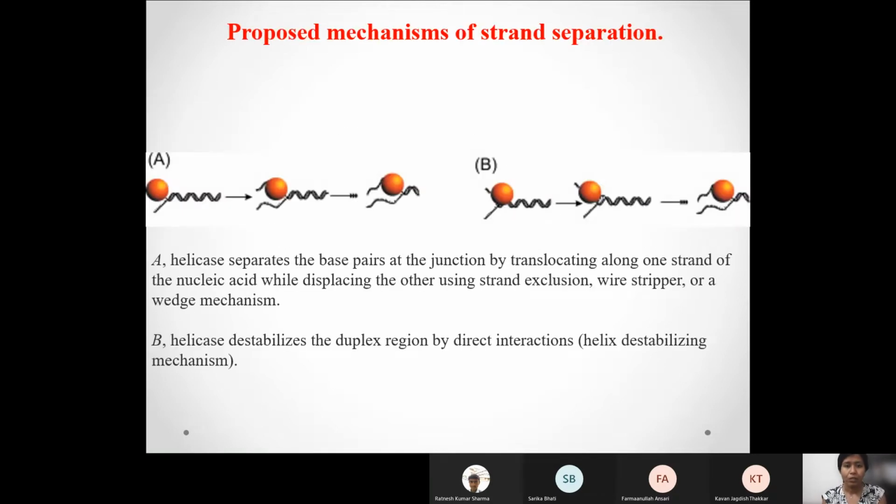Okay, so here are certain mechanisms of strand separation, and it's more or less what I have said so far. It could be, as I said, a passive mechanism or an active mechanism. And then how does it go about it?